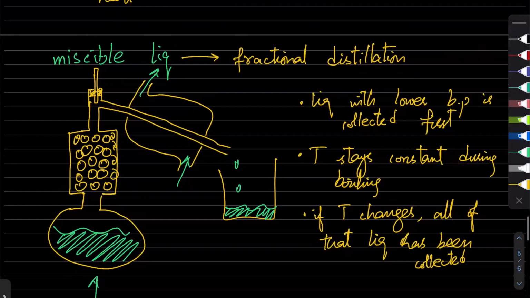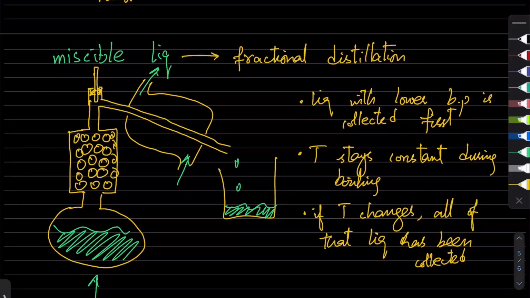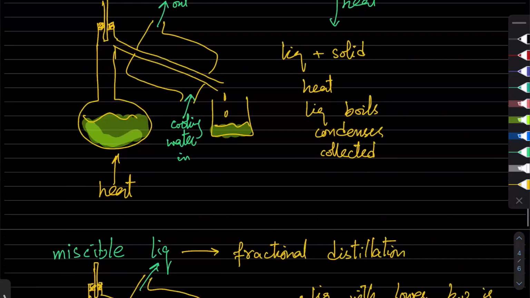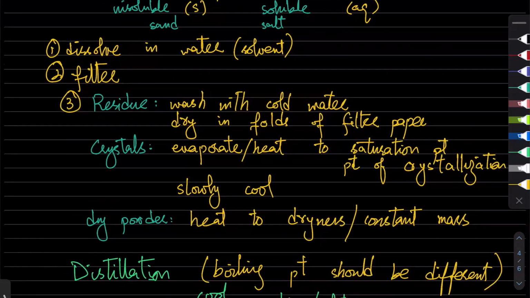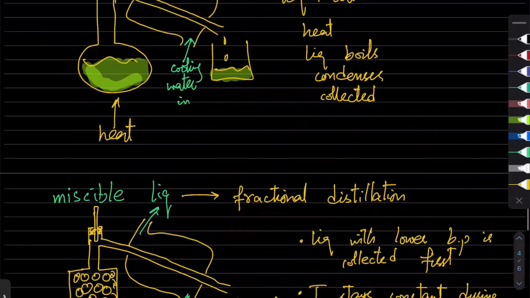This is the other setup for distillation. The examiner can ask you to draw diagrams. The question may be phrased like, you may draw a diagram. I would suggest make sure that you draw a diagram, because whether you're writing in paragraphs or in point form, a diagram helps.